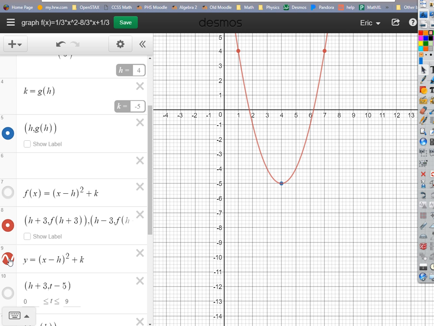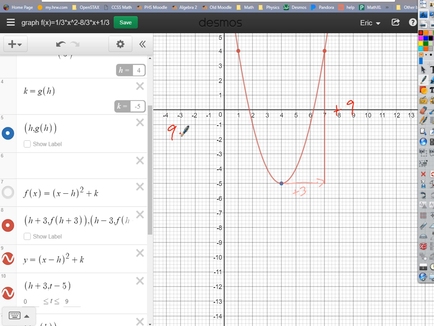And there's the graph. Normally, we're going horizontally by 3 and vertically positive 9. What's 9 times 1/3? 3. Good.